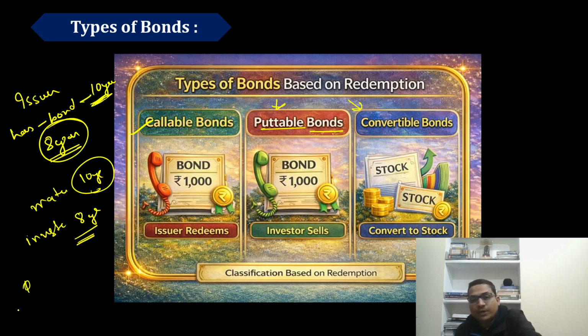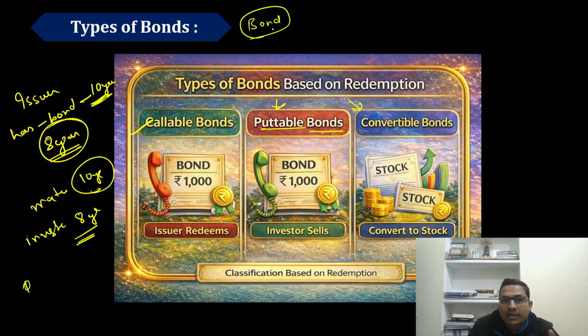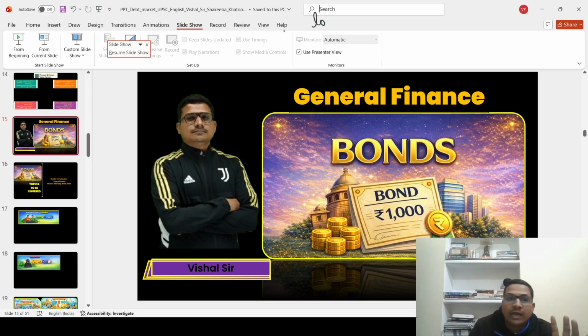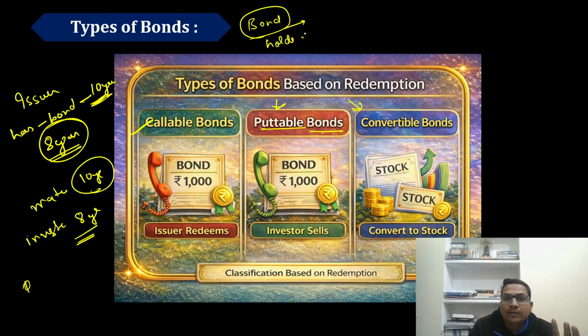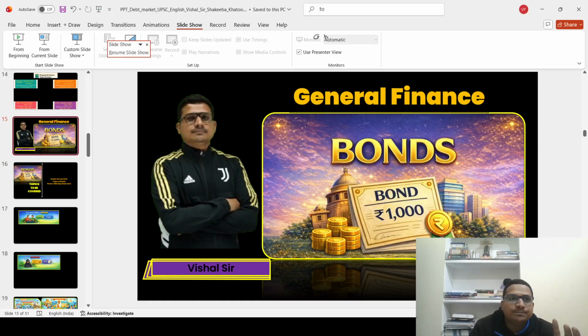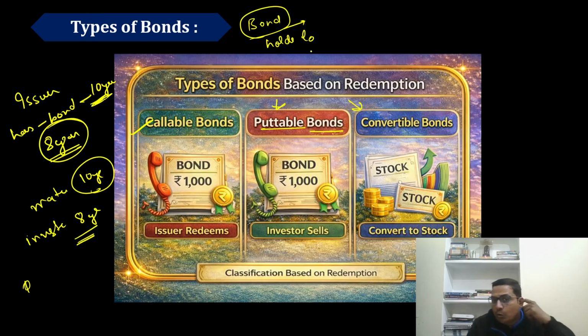Now, one question will come into your mind: what is the benefit of using a convertible bond? There are different benefits. When you are a bondholder, that means you are buying that bond. You have given a loan to that company or to people.